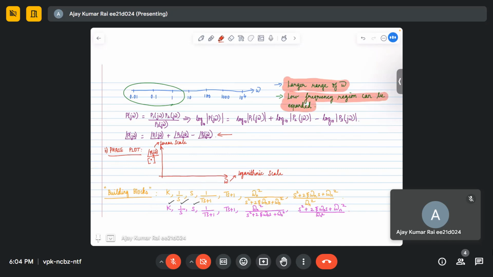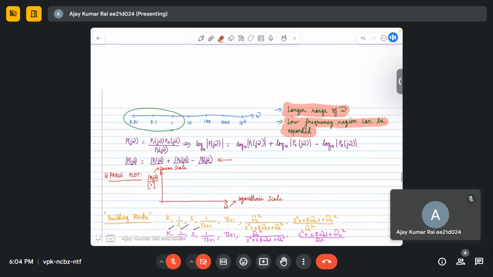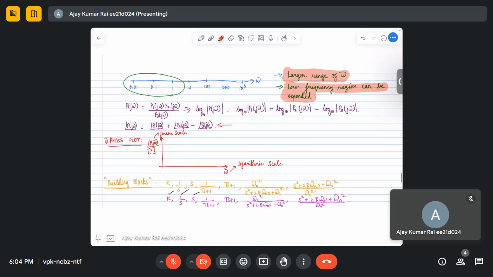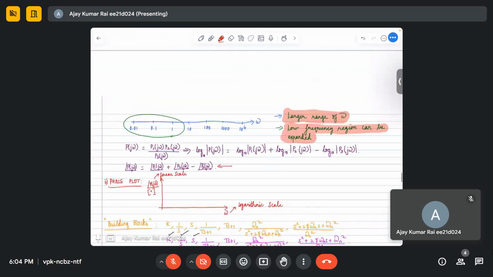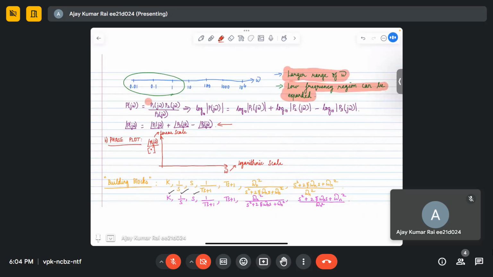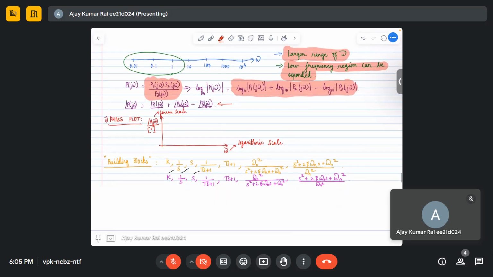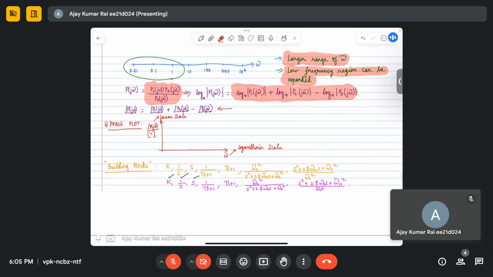Also, one of the benefits of taking the log along the y-axis is that we can represent the magnitudes of individual quantities in the numerator and denominator as just summation and subtraction of individual magnitudes. This is one of the advantages that we don't get in linear scale.